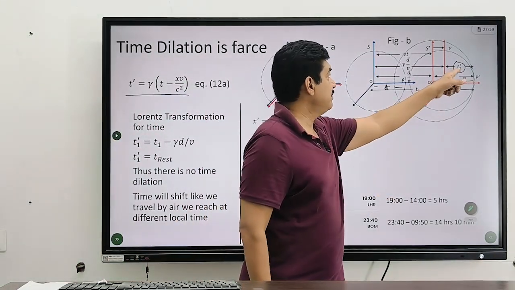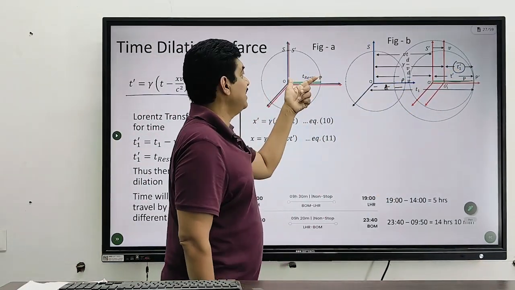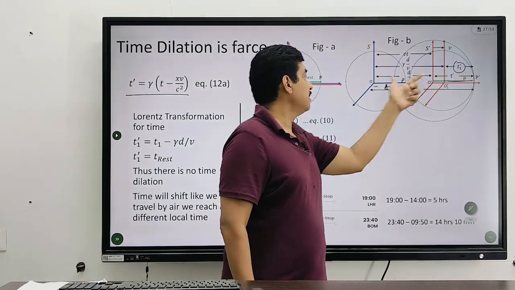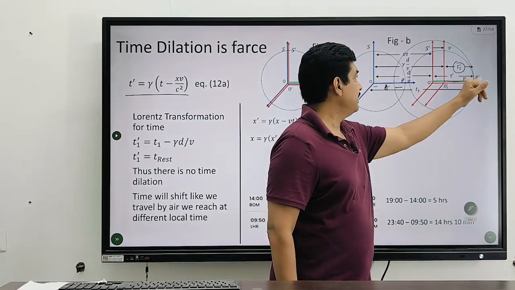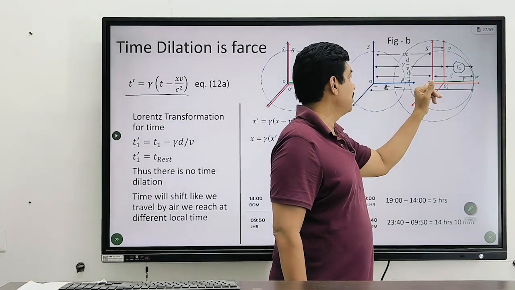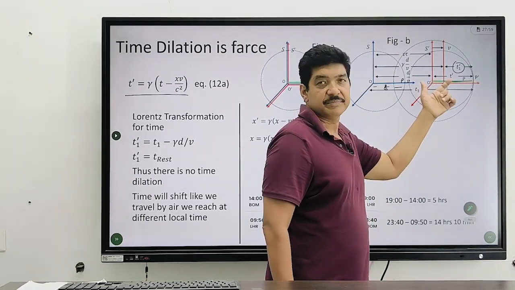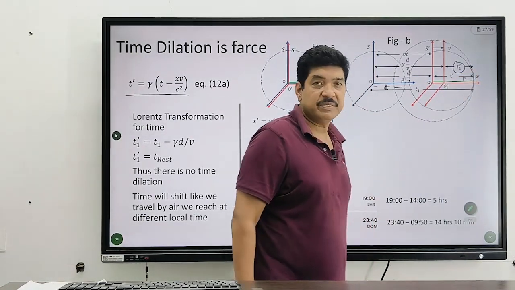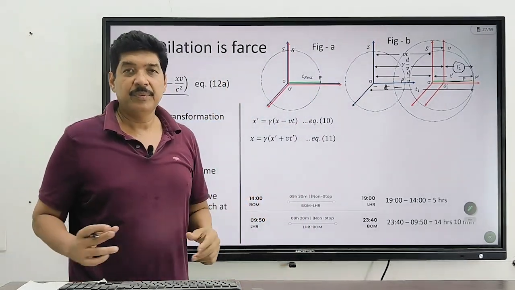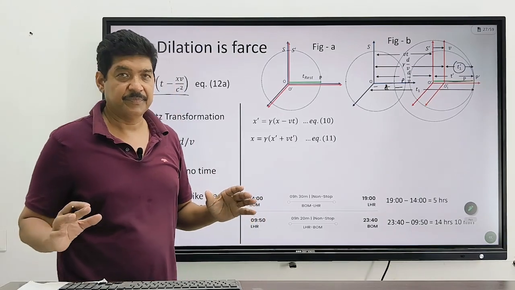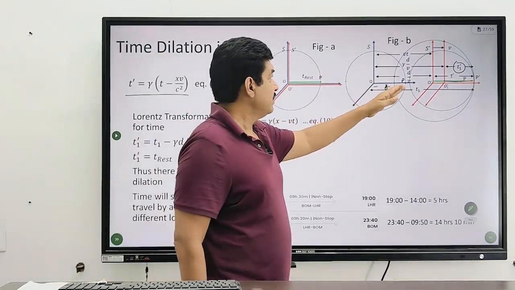When this t1 prime is compared with t rest, they are both equal, because the transformation from P to P dash will be equal to the transformation O prime to O1 prime. So the time duration will be the same. So there will be no time dilation.